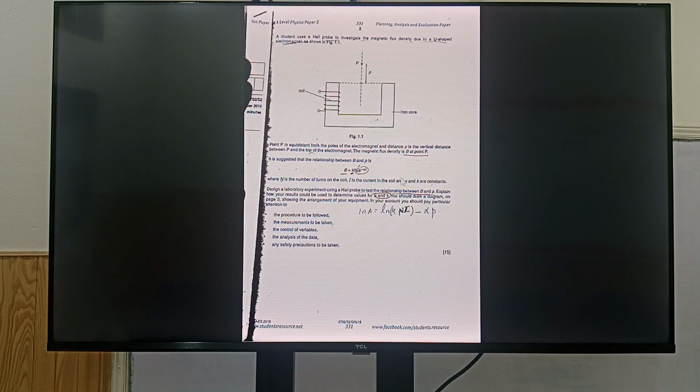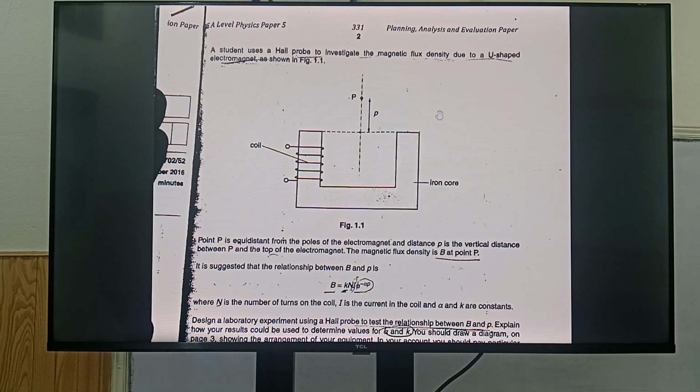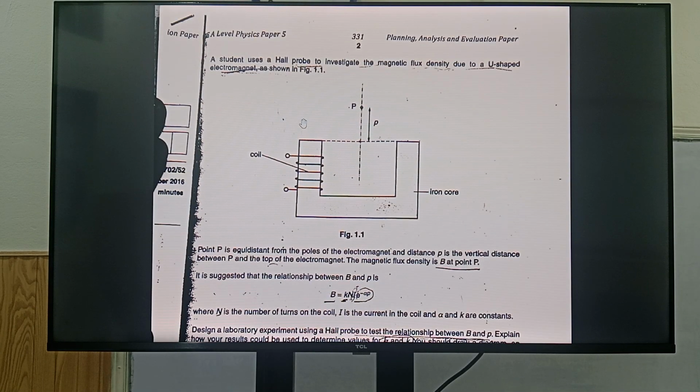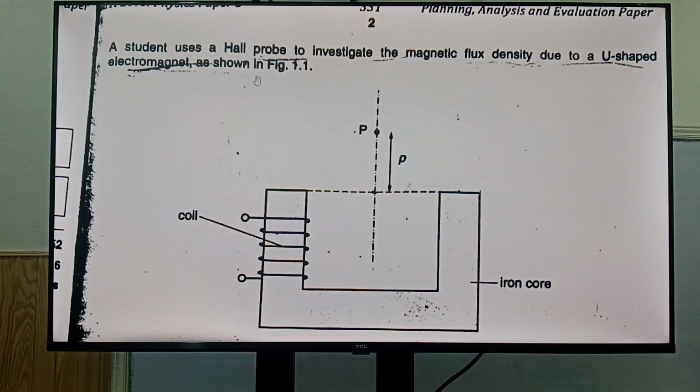Another question that I have selected for discussion looks like this. So once again, go through this question first, try to understand what this question says. A student has a Hall probe to investigate the magnetic flux density due to a U-shaped electromagnet as shown.